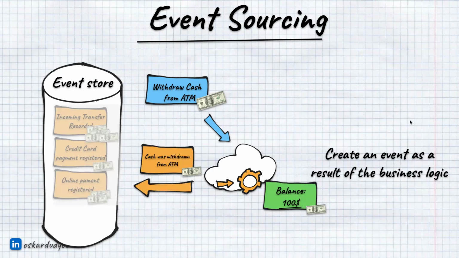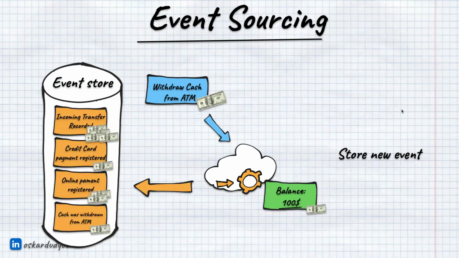The outcome of our business logic is recording a new fact, a new piece of information about what has happened in our business process. And that's an important difference because we are not overriding the state, we are just recording new facts. So no data is lost in event sourcing.